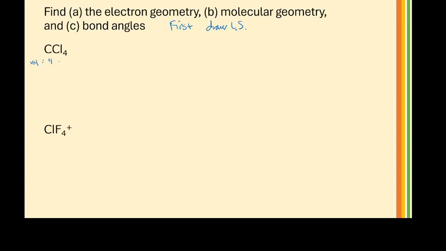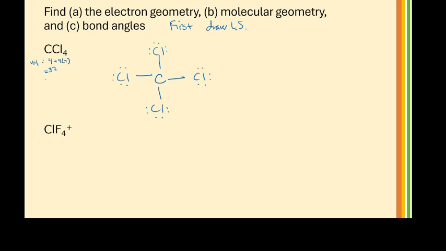Carbon is 4, chlorine is 7, but there's 4 of them. 4 times 7 is 28, plus 4 equals 32. We put carbon in the middle, and chlorines around it, then distribute electrons: 2, 4, 6, 8, 10, 12, 14, 16, 18, 20, 22, 24, 26, 28, 30, 32.